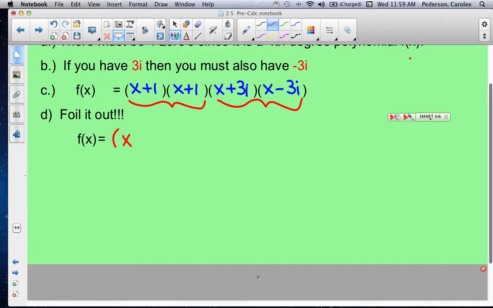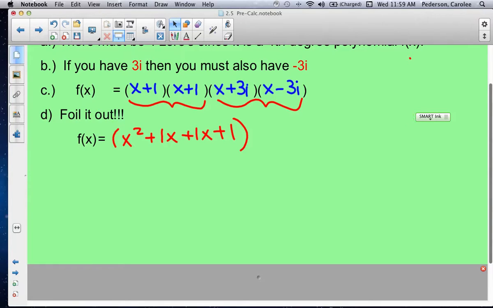So we get x squared plus 1x plus 1x plus 1. That took care of multiplying x plus 1 and x plus 1. Then we'll multiply the complex zeros' factors. We learned a little shortcut yesterday.